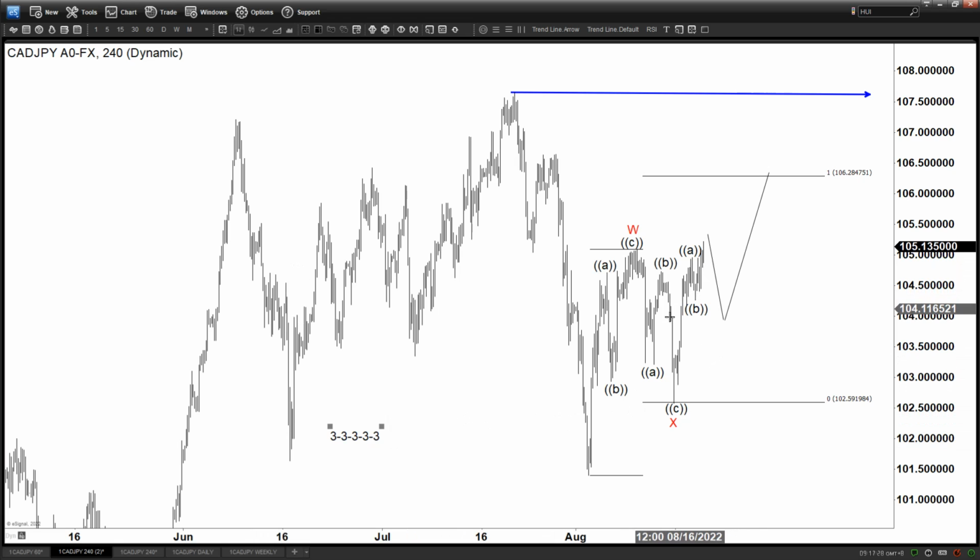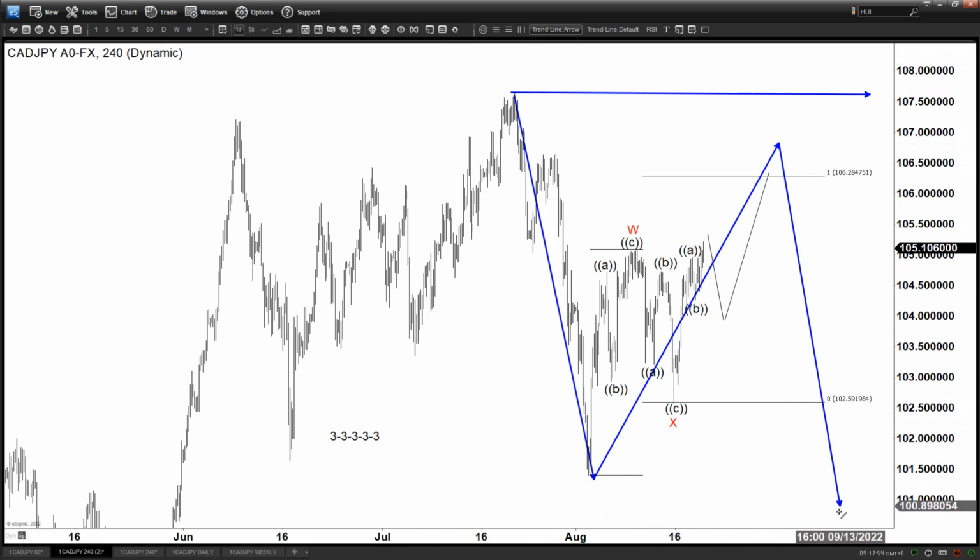Most likely if you do that, the probability of getting it right is not really that high. So better to consider this as a 3 swing up, 3 swing down, and now another 3 swing up, and as long as we stay below here, we should be able to turn lower again to do the bigger pullback from here. So it's going to be looking something like this later on.